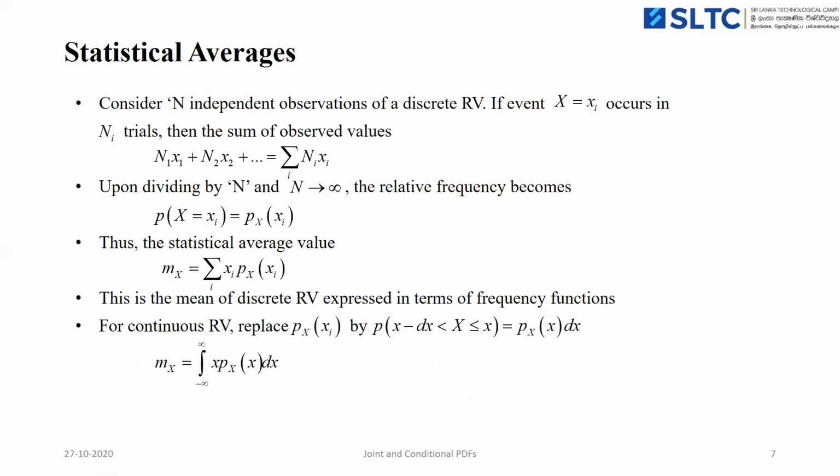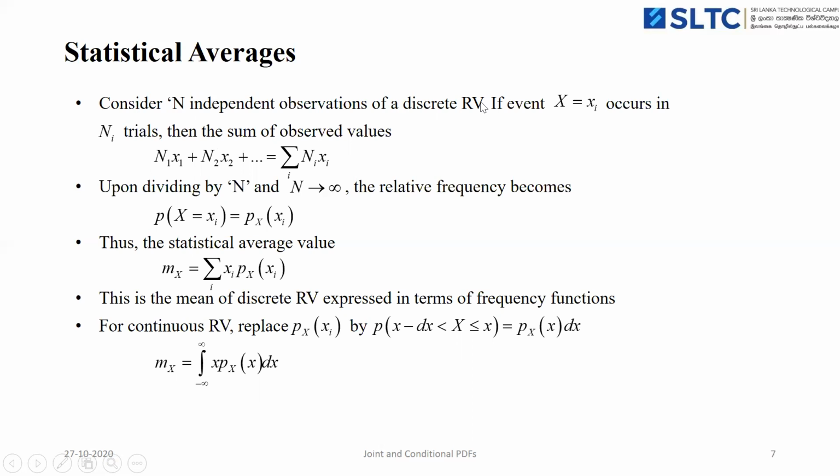Now consider there is a set of n independent observations for the discrete random variable. For example, if you are tossing a coin, there are two observations, head and tail. Here we are getting the n independent observations for the discrete random variable.